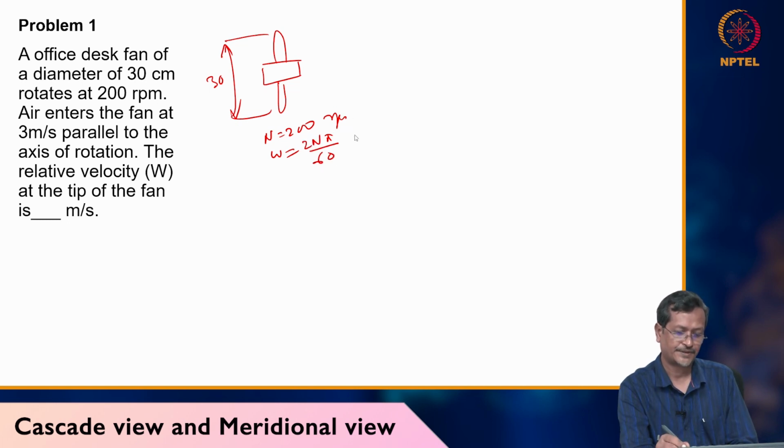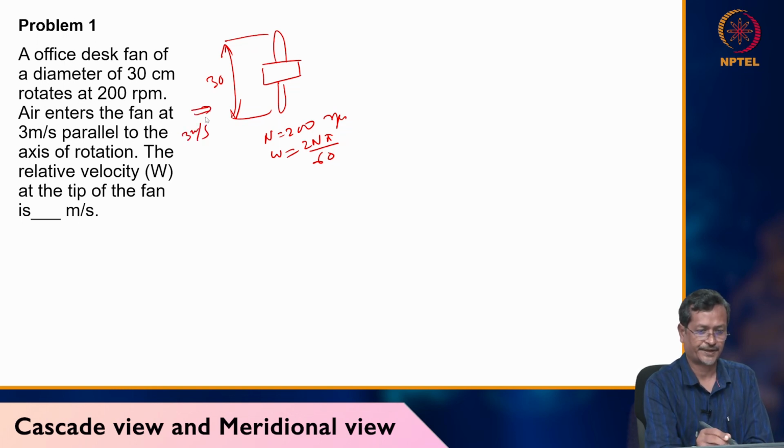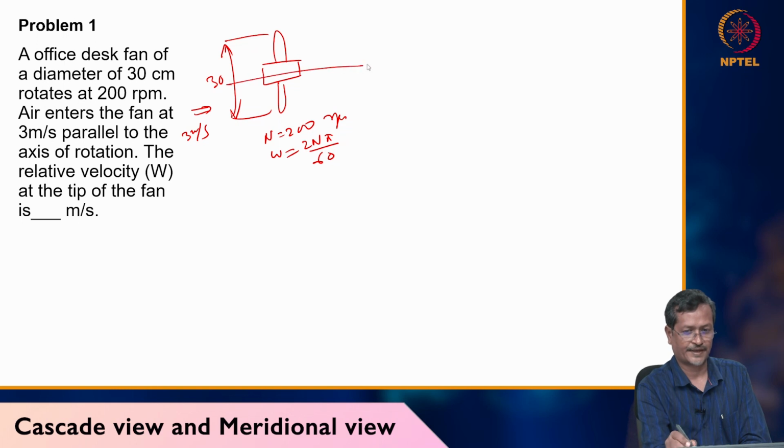Air enters with a velocity of 3 meters per second parallel to the axis. This is the axis. The relative velocity w we have to calculate.